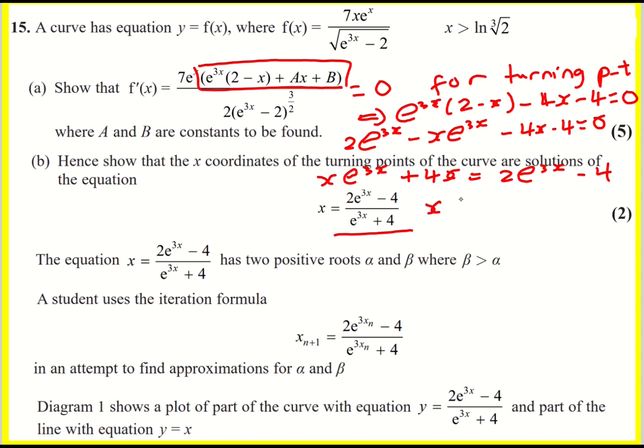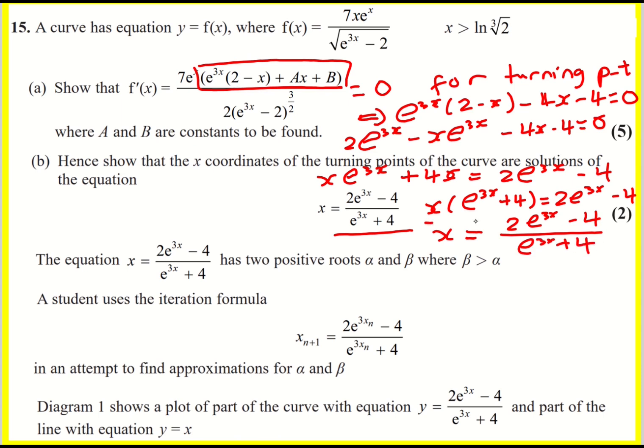Factorize the x out. And then finally divide through by e^(3x) plus 4. Okay, not too bad.